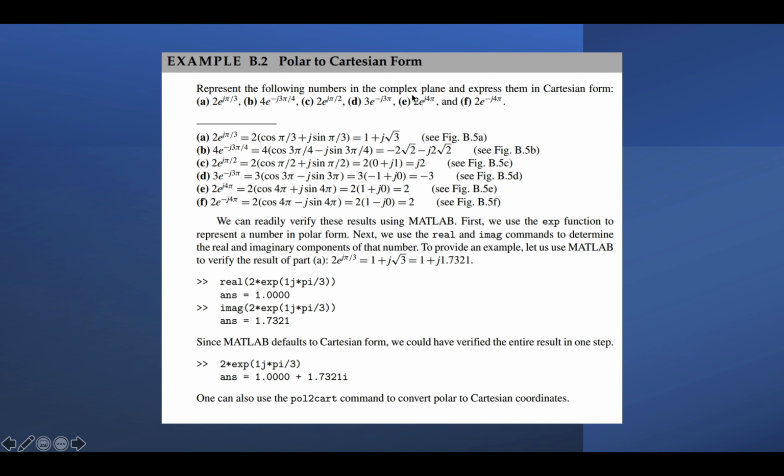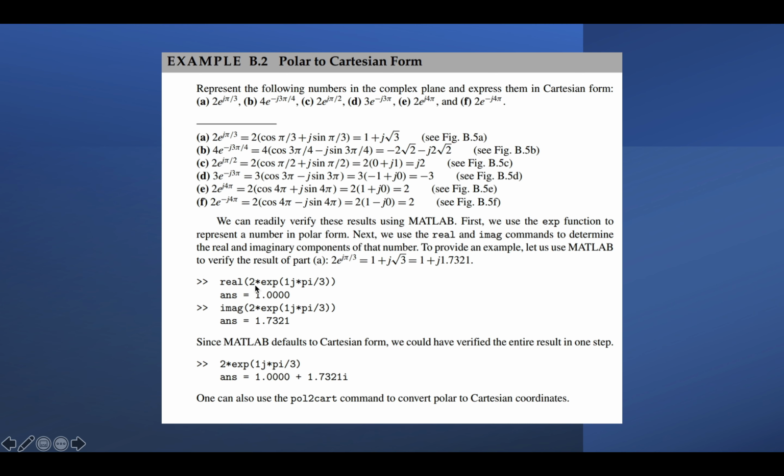So this is 5 examples, actually 6 examples of how that's done. And furthermore, you can do this on MATLAB as well. The way to do it on MATLAB is to use the real and imaginary commands. So you can enter the polar form of the complex number just by using the appropriate syntax shown here.